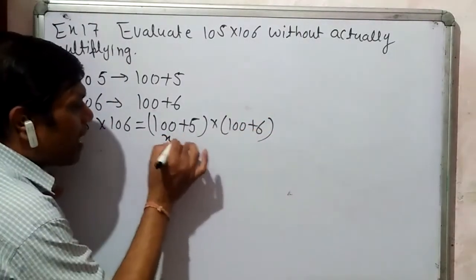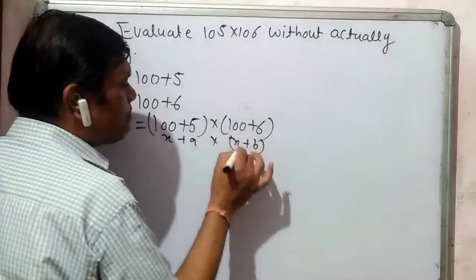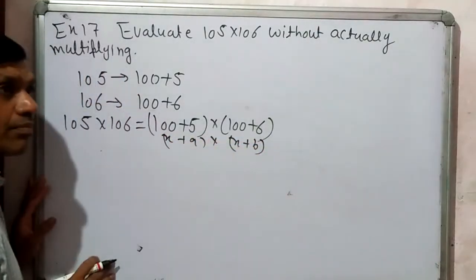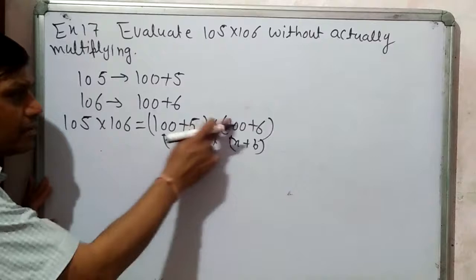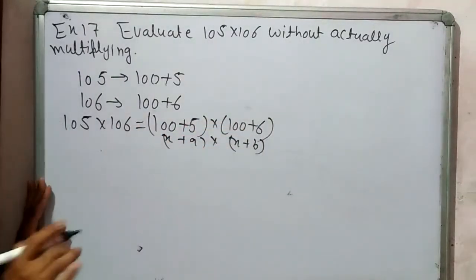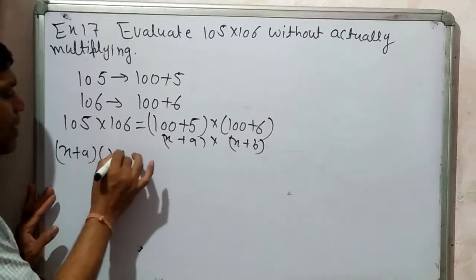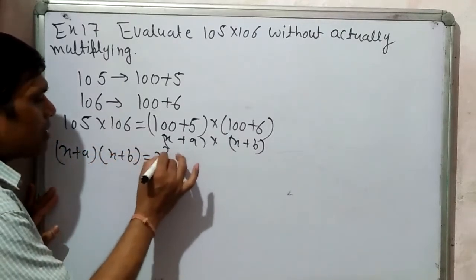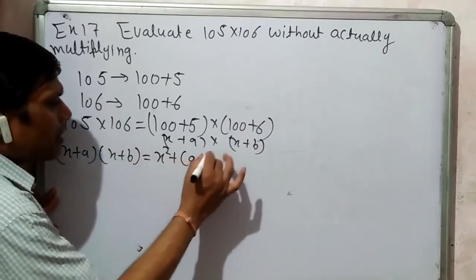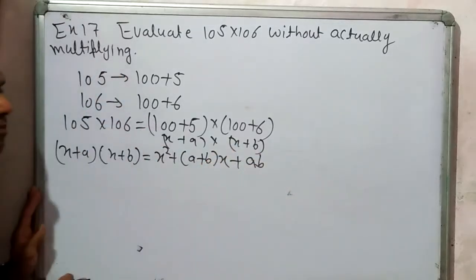This matches with the identity (x plus a) multiplied by (x plus b). X is the same number, 100; a and b are different. So we apply the identity (x plus a)(x plus b) equals x square plus (a plus b) x plus ab.